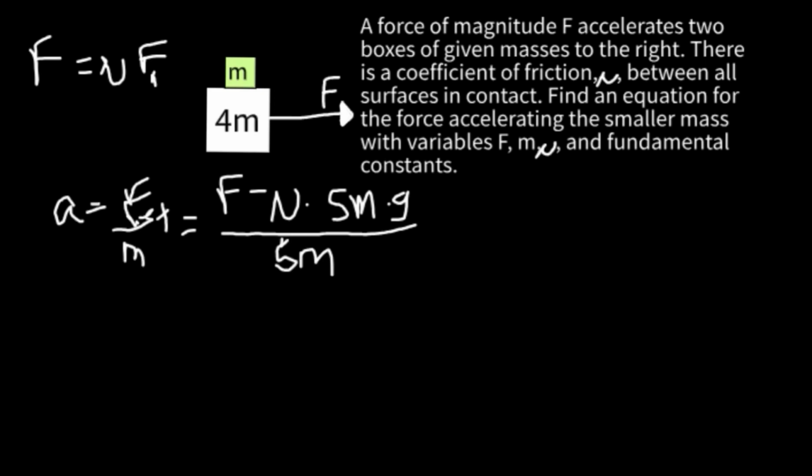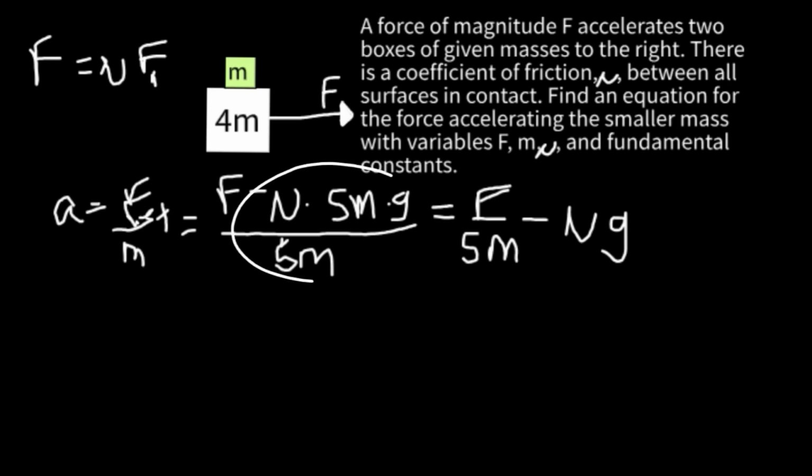Right, and you can rewrite that as F over 5m minus mu g. Alright, that's our acceleration for the system, and if you can simplify a fraction like this one here, definitely try to. Sometimes it makes the algebra a little bit easier.